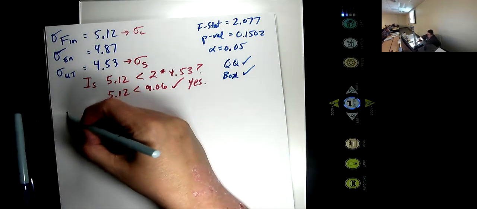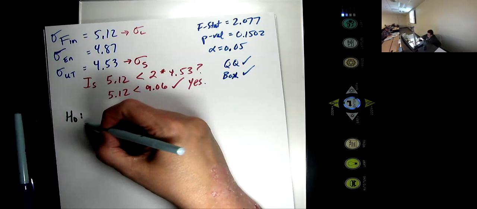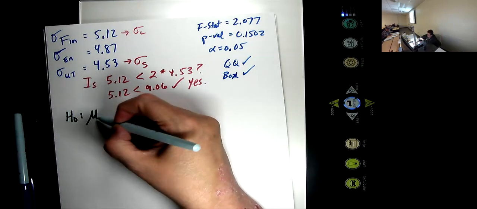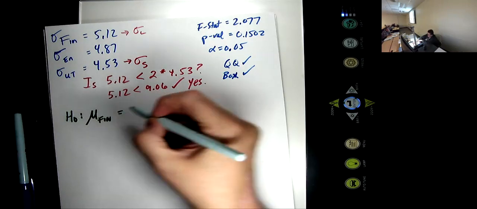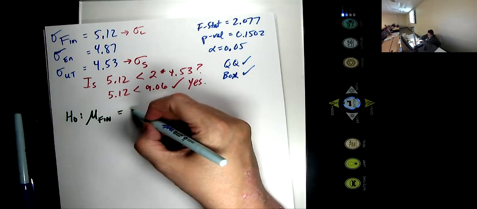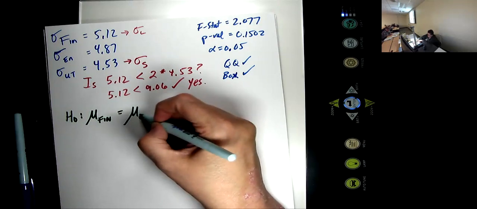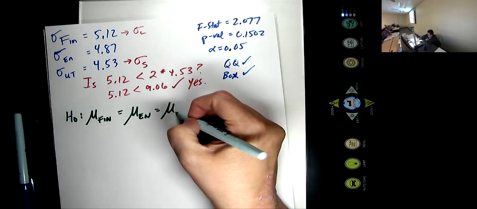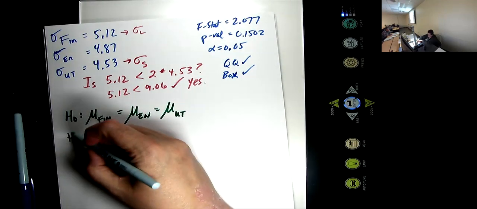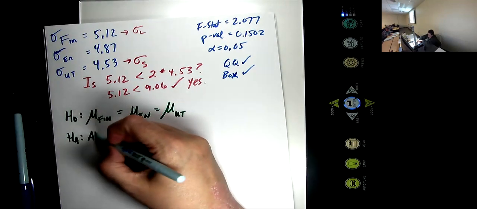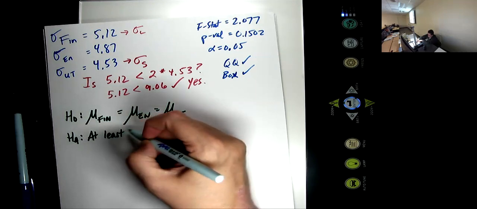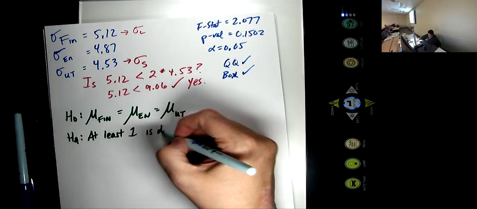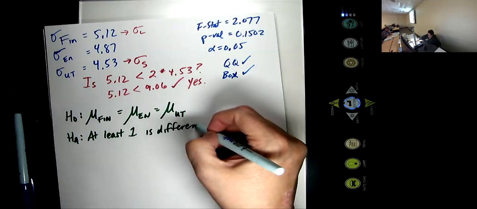So here H naught is the mu of each group is equal. The financial mean equals the energy mean equals the utility mean. HA is at least one is different. They might all be different, but all that's required is one is different.